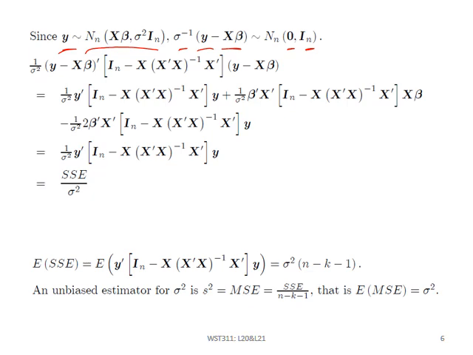Then, using the results of lemma 2, we need to pre-multiply with the vector, which follows a standard multivariate normal, with the idempotent matrix A in the middle, and post-multiply that also with the standard normal random vector.